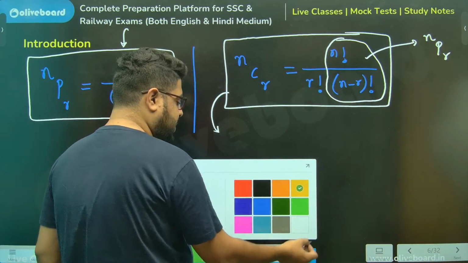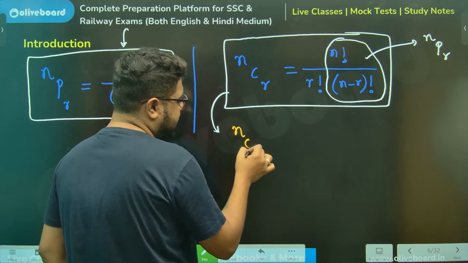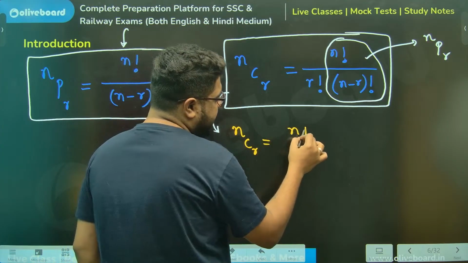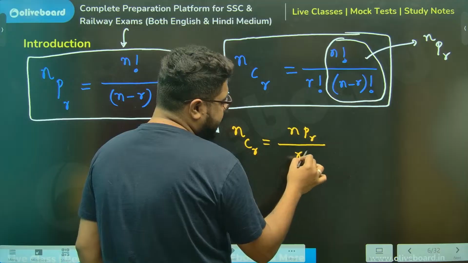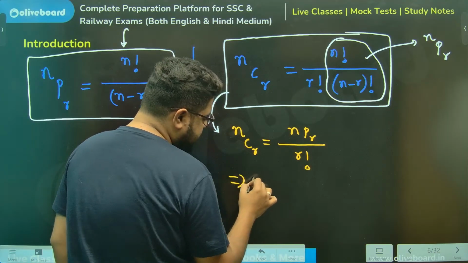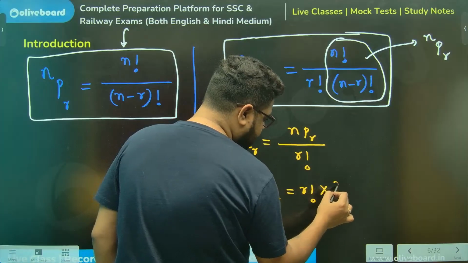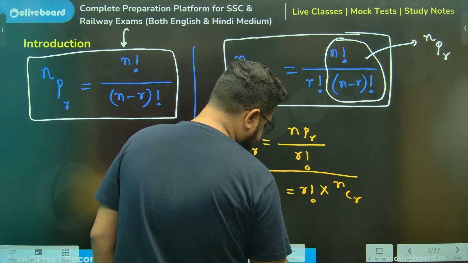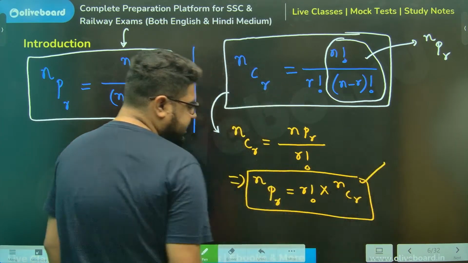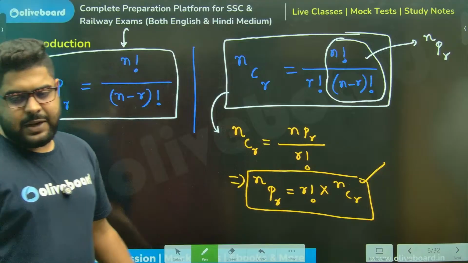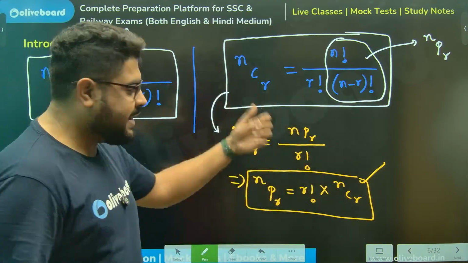So can I conclude this? NCR is NPR divided by R factorial, or rather NPR is R factorial into NCR, and that's the relation.